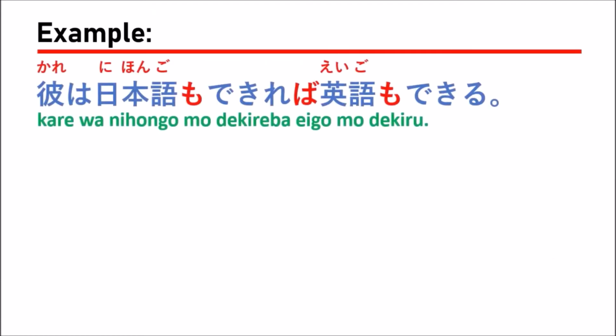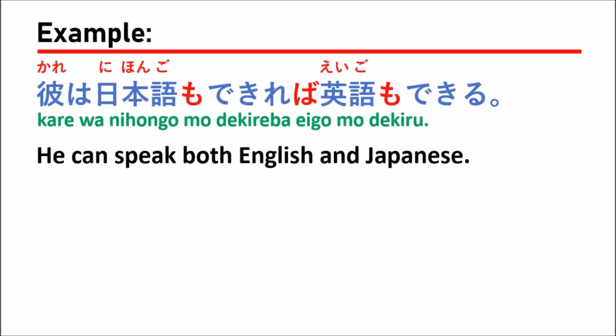The first example, 彼は日本語もできれば英語もできる。Which means he can speak both English and Japanese.